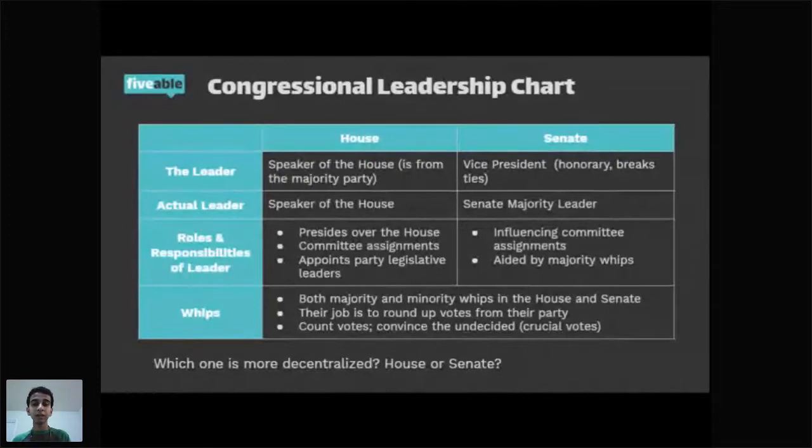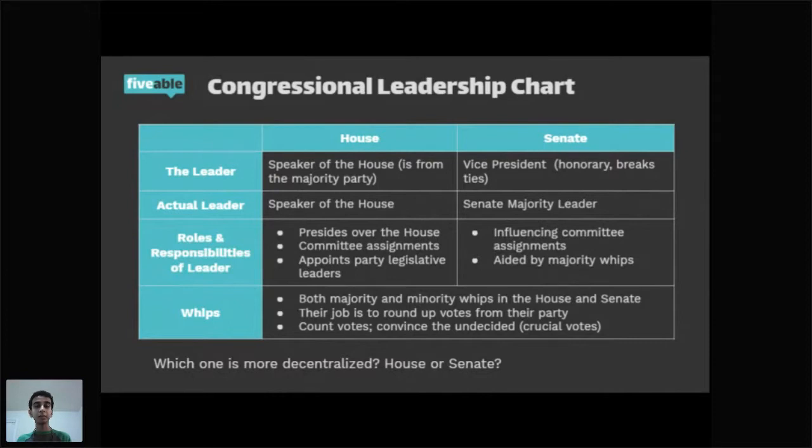Another thing that the College Board emphasizes, as you can see at the bottom, is which one is more decentralized, the House or the Senate? It's kind of an AP World term, but which leadership structure do you think is more decentralized? Right, it's the Senate.